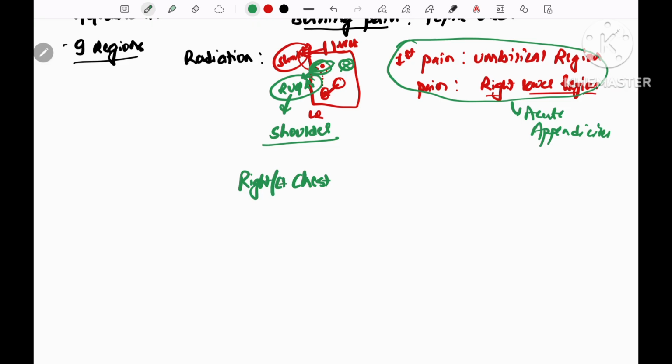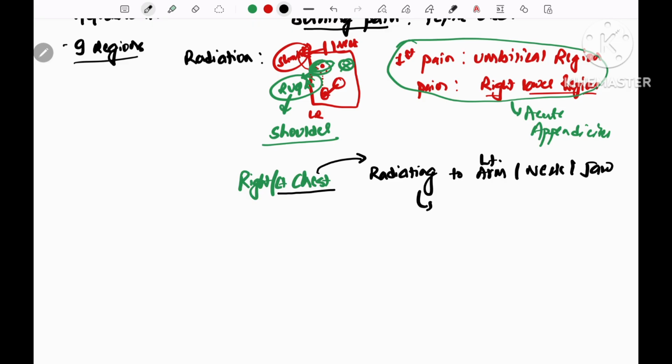If the patient presents with pain in the left chest, and this pain has also been radiating to the arm, which arm, left arm, or neck or jaw, then there can be a chance to suspect myocardial infarction or angina or any cardiac pathology.